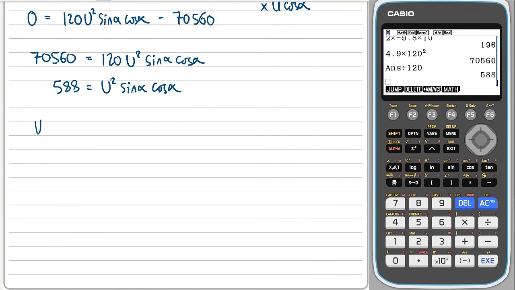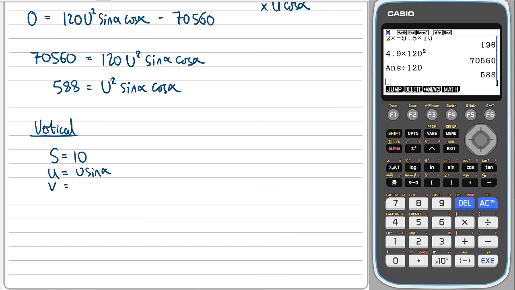So maximum height means I need to look in the vertical direction once again. And I'm told that the maximum height is 10. The initial velocity is still the same, and it was u sine alpha in the vertical.